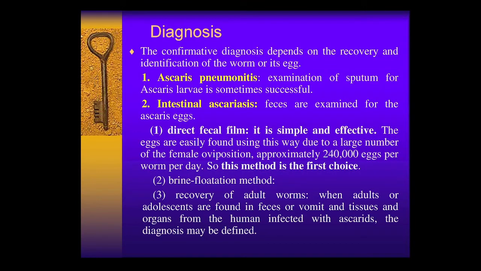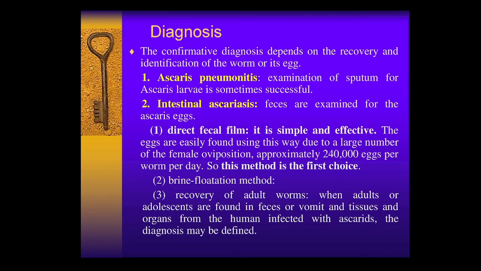Coming to the diagnosis. Confirmative diagnosis depends on the recovery as well as identification of the worm or its egg. Examination of sputum for Ascaris larva is sometimes successful. In intestinal ascariasis, the feces are examined for Ascaris eggs.